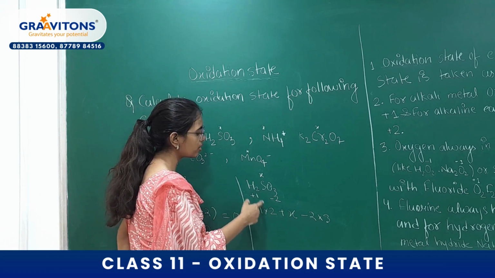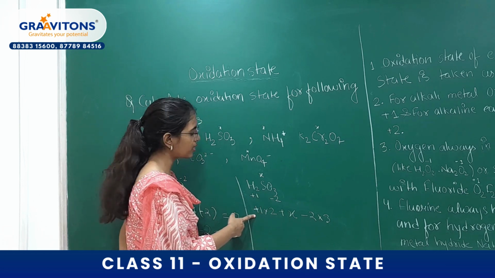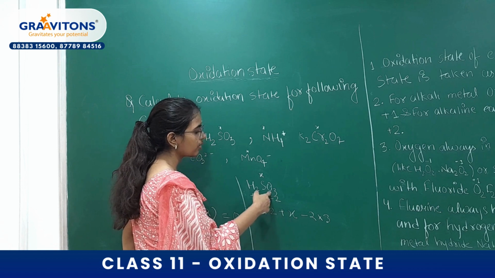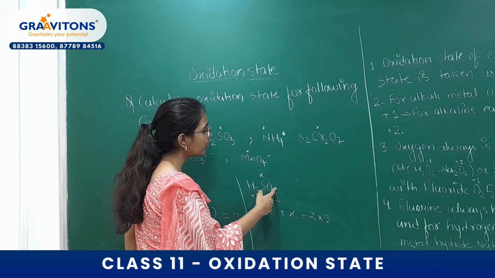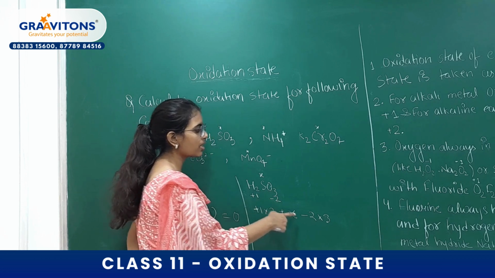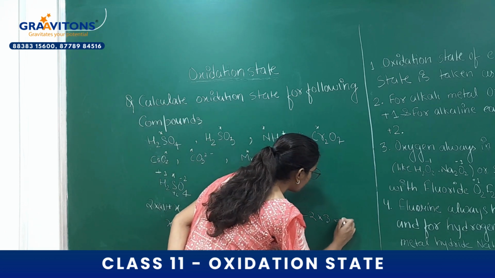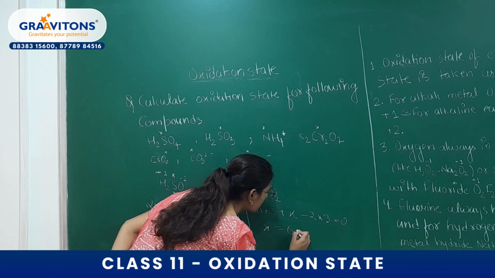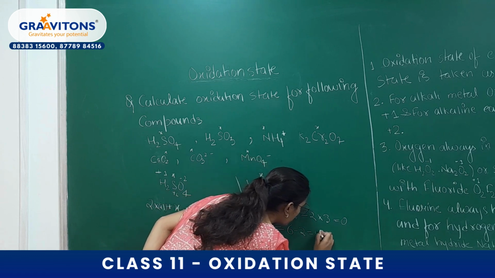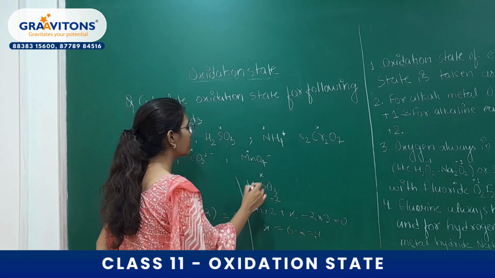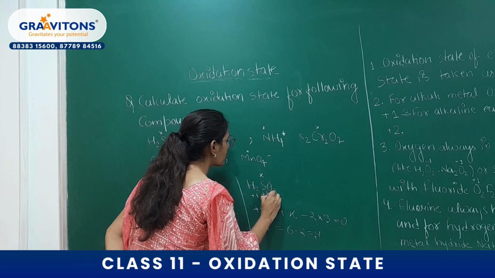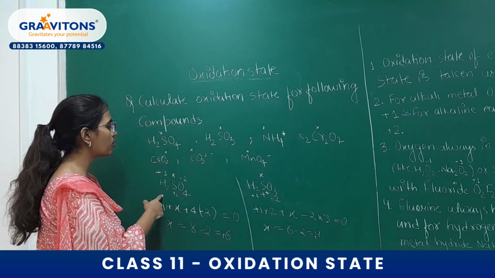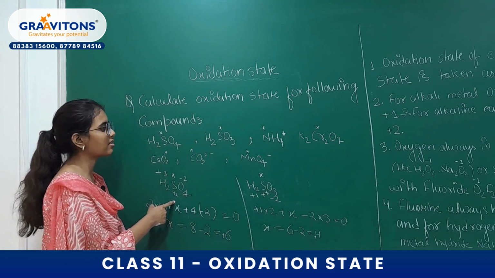So 2 hydrogen, each with plus 1, plus X, we don't know the sulfur oxidation state, plus 3 oxygen, each with minus 2, equal to 0. We can see from here that it will be 6 minus 2, that is equal to plus 4. So sulfur here is in plus 4 oxidation state, and in H2SO4 sulfur is in plus 6 oxidation state.